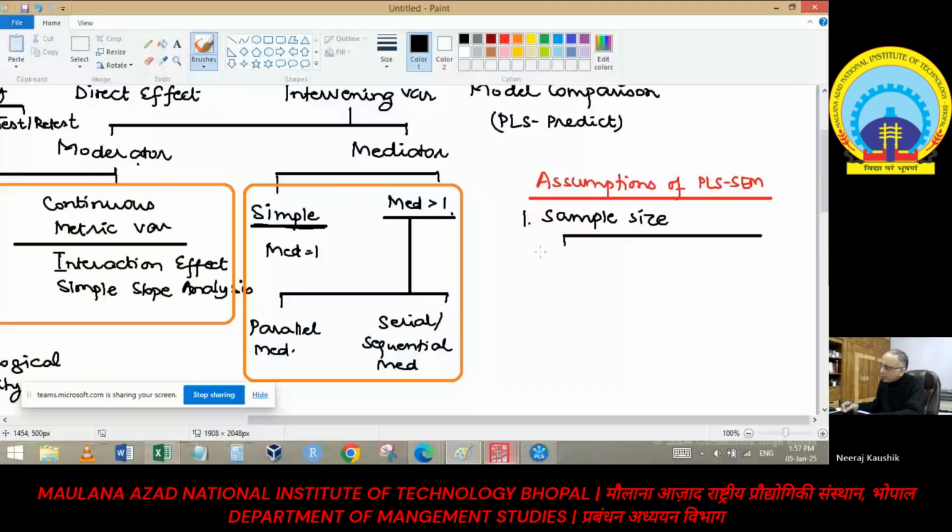Any sample size formula you can use. The very prevalent formula is that of Krejcie and Morgan, 1970. So use the formula. The 4 formulas are there. One basic formula is N is equal to Z sigma by D whole square. There are 3 more versions of the same. The second, use G*Power.